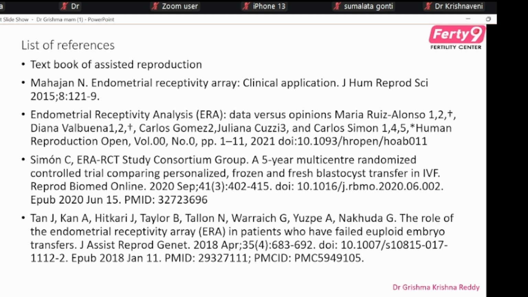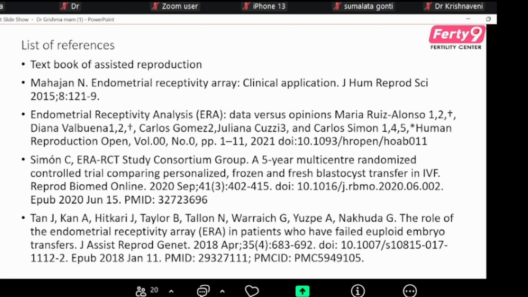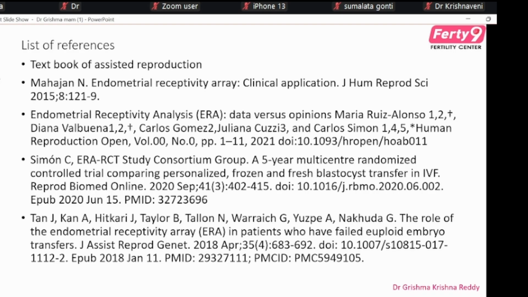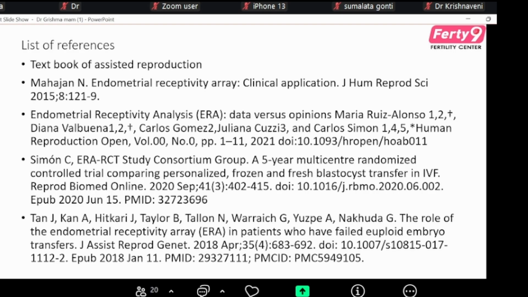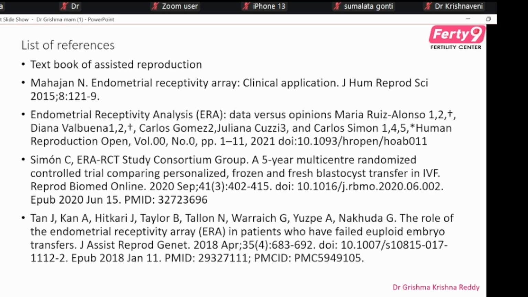I think it might help us understand at least something about reproductive immunology, so that we have some idea of what is happening. It is still an enigma: however many euploid embryos you transfer, 2 or 3, it might fail even though everything is normal. Then again, we have to focus on immunology.